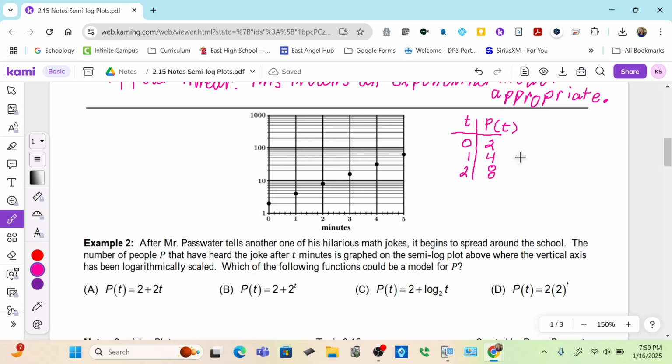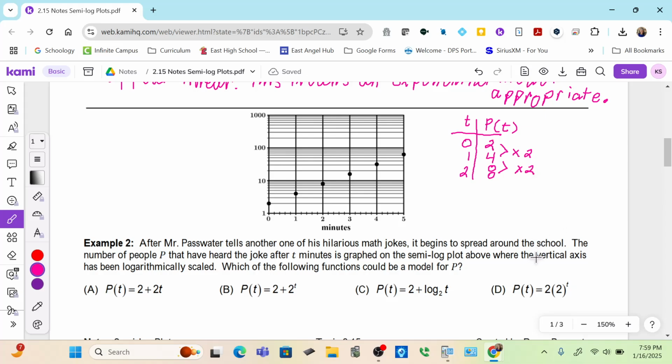So as an exponential model, I can see when my input values are increasing, I have equal length input values, my output values are increasing proportionally. That means I'm multiplying by the same value to get the next value. In this case, I'm multiplying by 2.